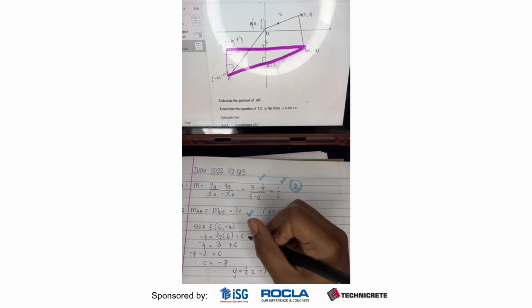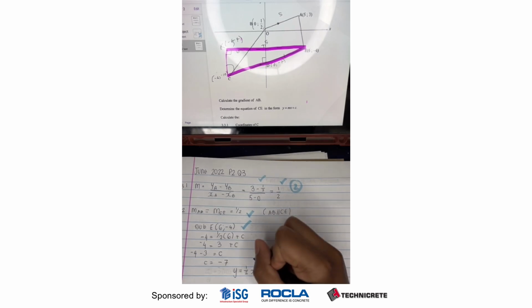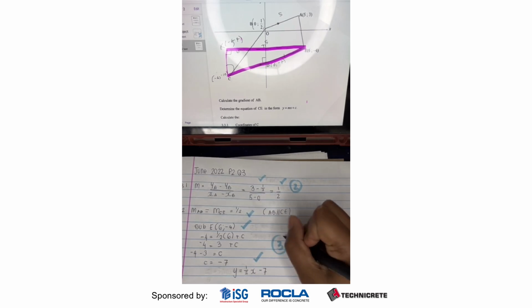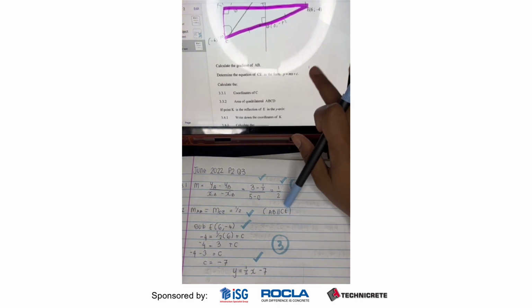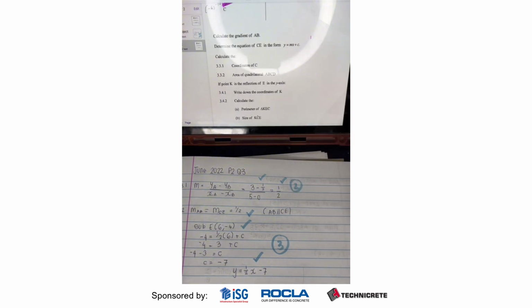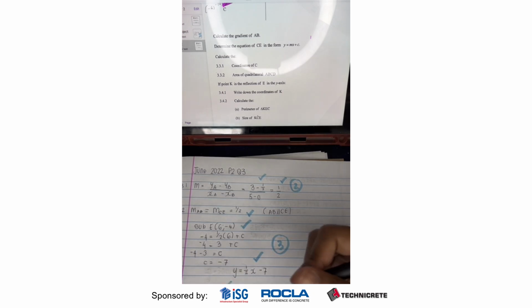The second was for substitution of the values of E, and the third was for your answer. That was 3 marks. 3.3.1, we had to find the coordinates of C using midpoint. You had to first know your coordinates of D, that was 1 mark, and then a mark for your X value and a mark for your Y value, 3 marks.